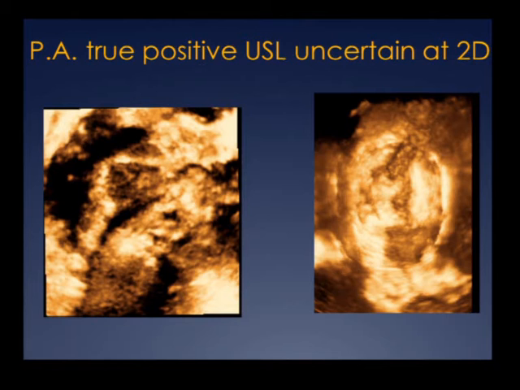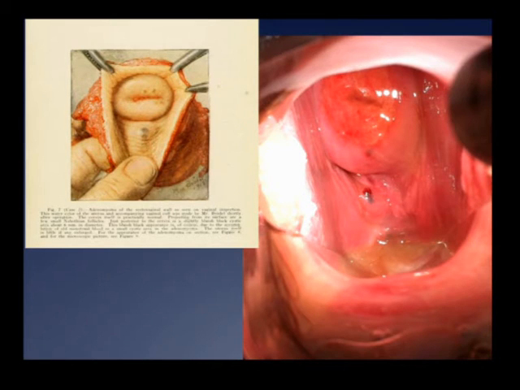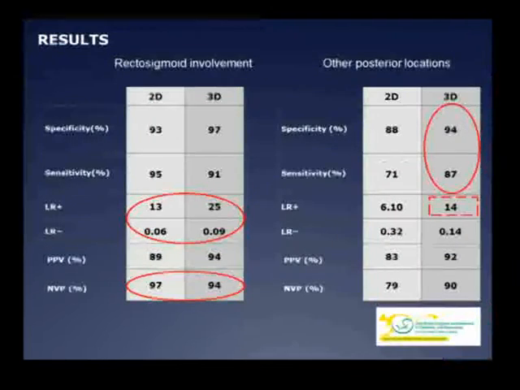The localization is made using 2D, obviously, but the increase of information obtained using 3D is a reality. And for example, this is a nodule with the increased amount of gel inside the cover probe. This is the nodule. It is similar to the image of Cullen a lot of years ago. This is the same nodule in the posterior fornix.